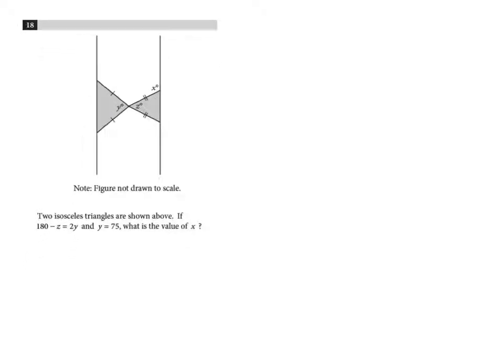Alright, 18. We've got a drawing here. Two isosceles triangles are shown above. If 180 minus z equals 2y and y equals 75, what is the value of x? Okay. So let's see. Alright, I'm going to draw a larger triangle here.